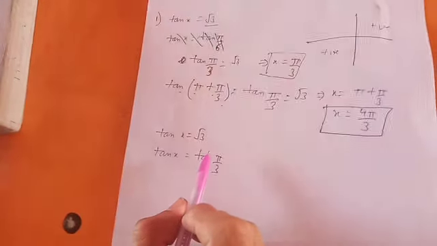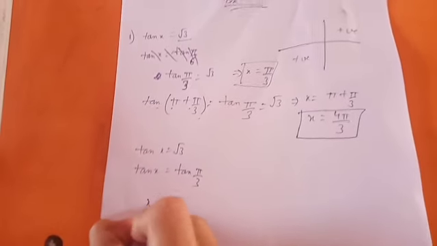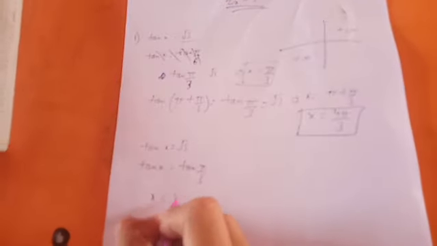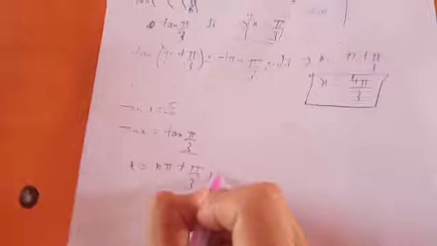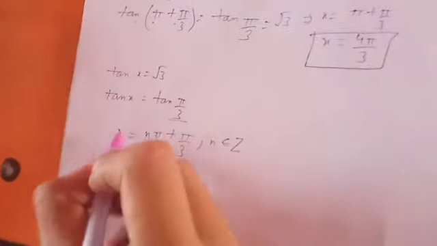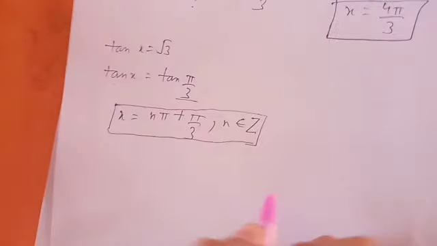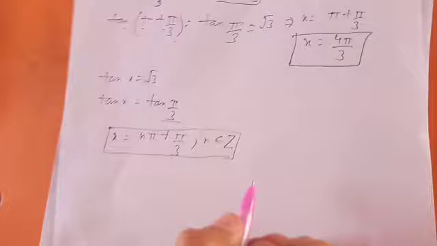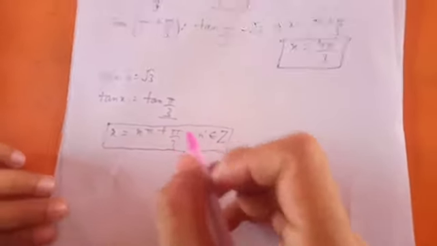And from theorems we know whenever tangent x is equal to tangent y, then we have x as n pi plus y, and what is our y here? Pi by 3, where n belongs to integers. It is our general solution. Okay, understood. Now question number 2 and 3 you can solve on your own.